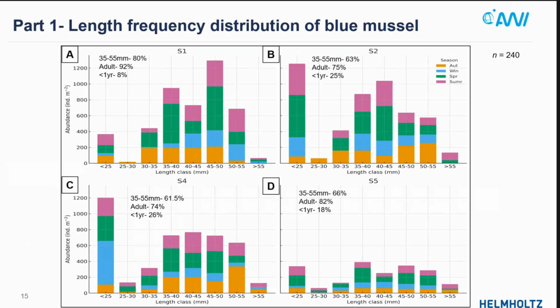In the case of mussels, we see that most of the mussels were between 35 and 55 millimeters in length. Adults dominated the population, but we also see recurring juveniles throughout the year. This supports sustained filtration and biodeposition and ongoing shell formation.